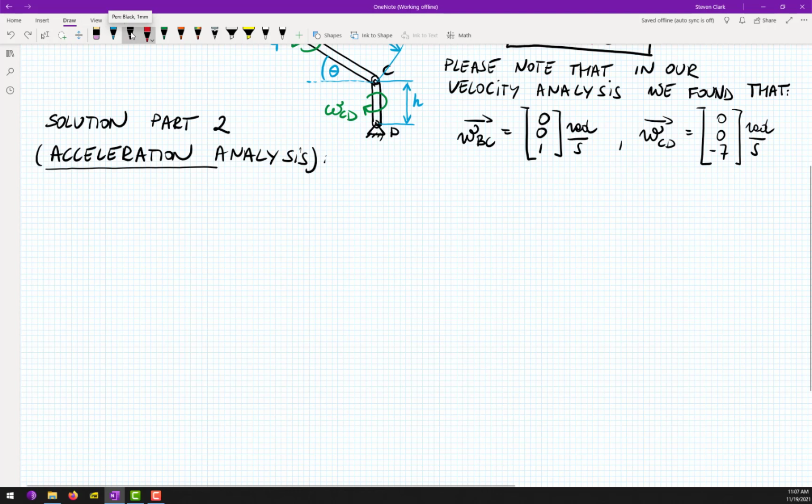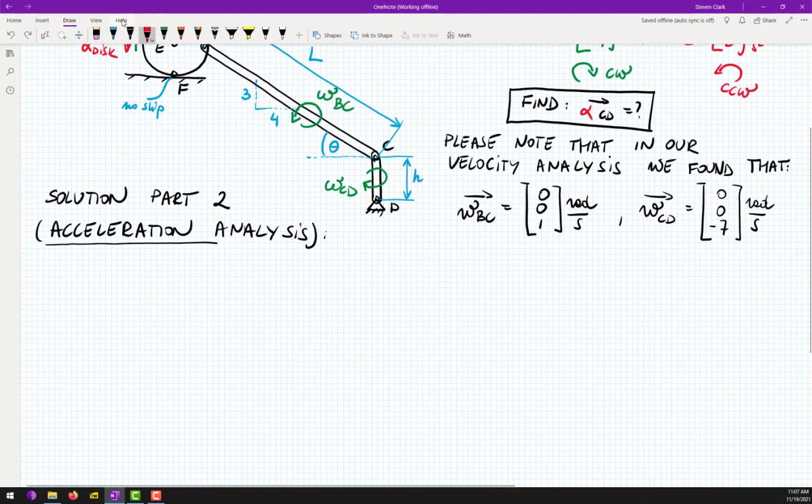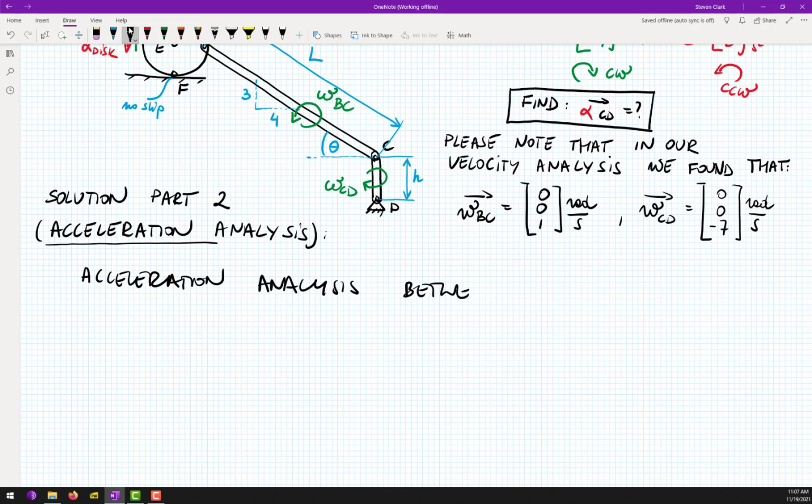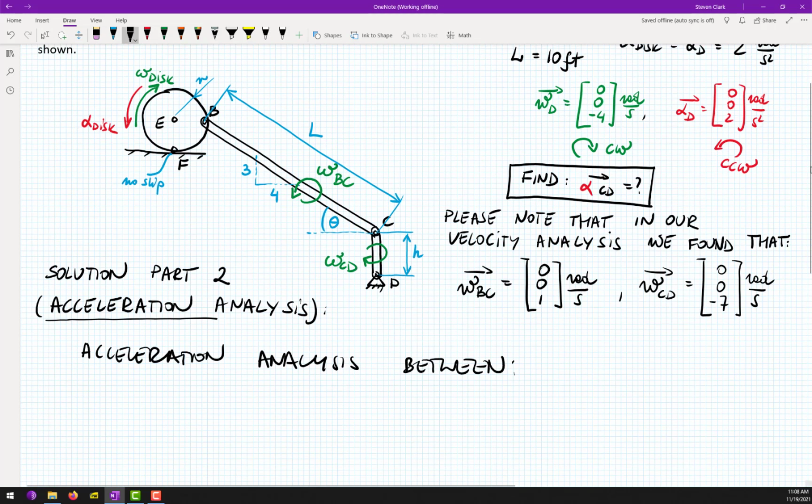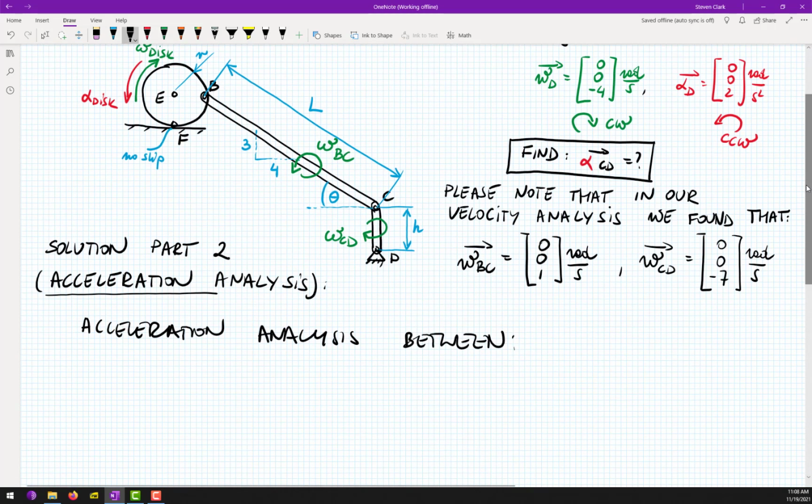Acceleration analysis. In order to solve that problem, I would like to run acceleration analysis between F and E. It doesn't matter, but it will look nicer on the picture.